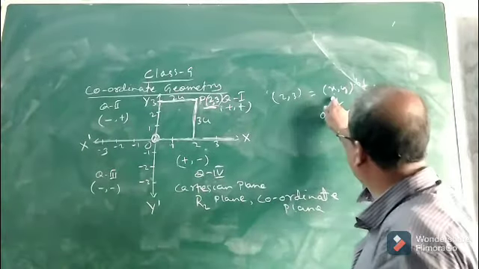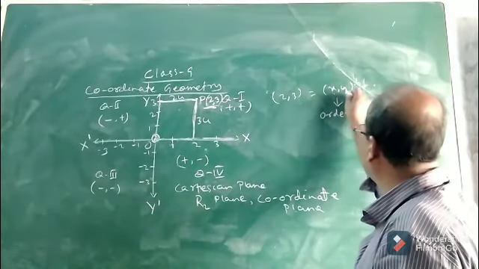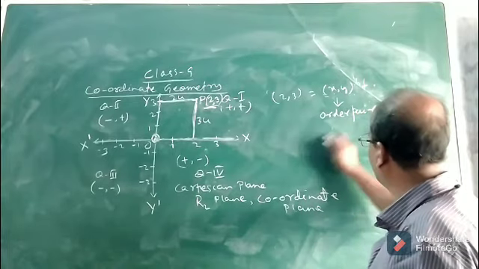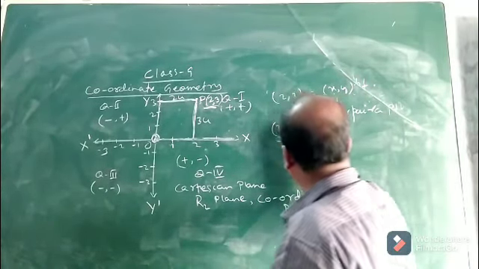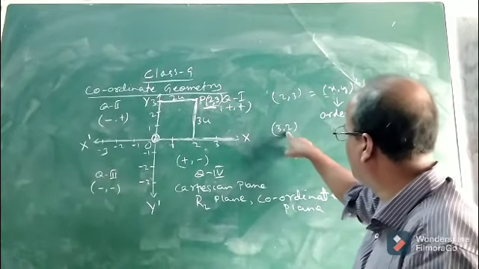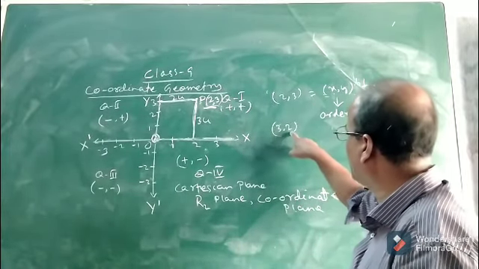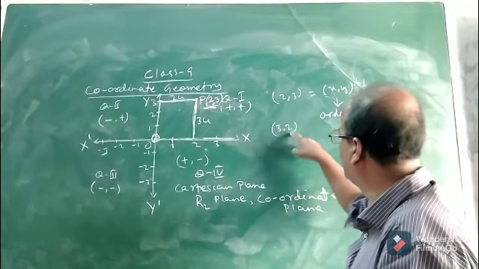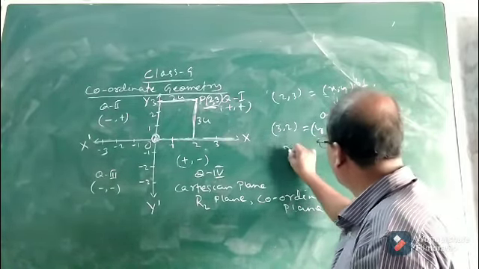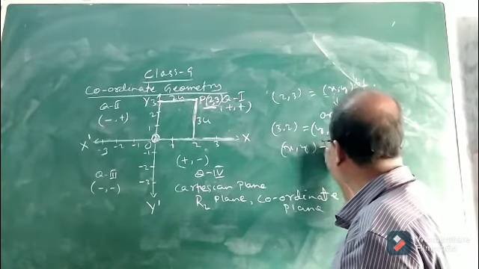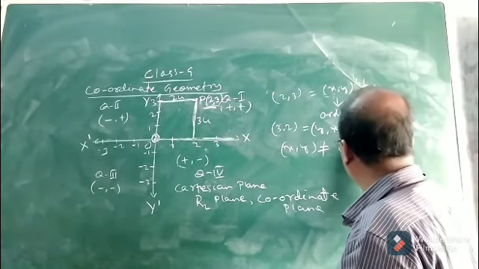Now children, we can also write 3 and 2. If the x coordinate of a point is 3 and the y coordinate is 2, then it will be written as (3, 2), which is (y, x). So clearly the ordered pair (x, y) is not equal to the ordered pair (y, x).